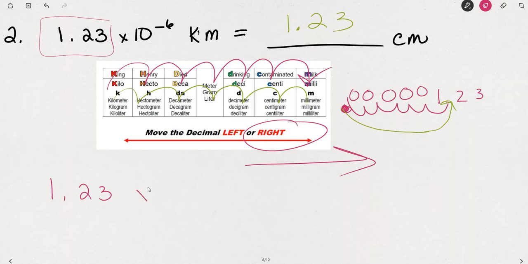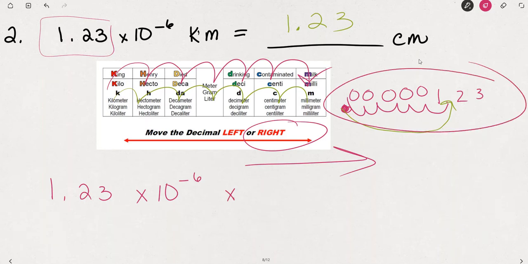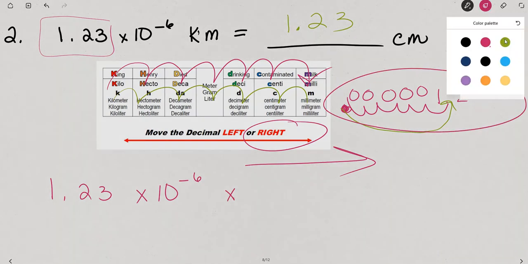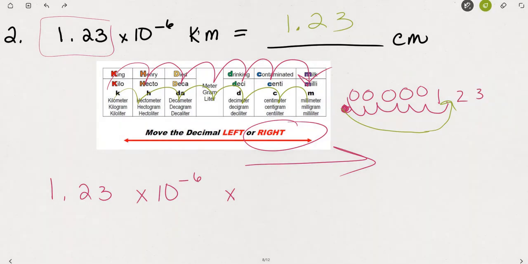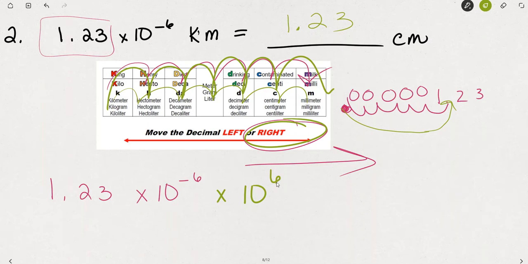Without taking it out of scientific notation, what I'm going to do is multiply by 10 to the, now since I'm moving positive 1, 2, 3, 4, 5, 6, positive goes right. It's really the same as just saying 1.23 times 10 to the negative 6 times 10 to the positive 6.